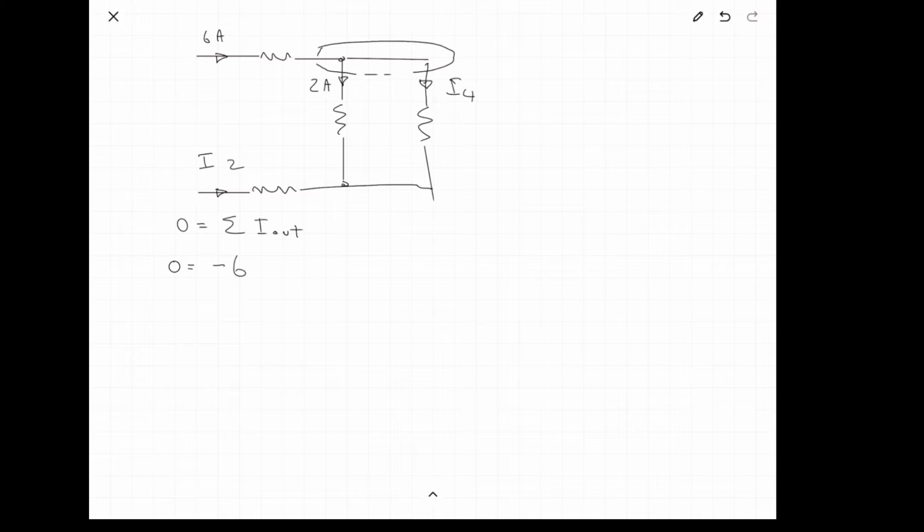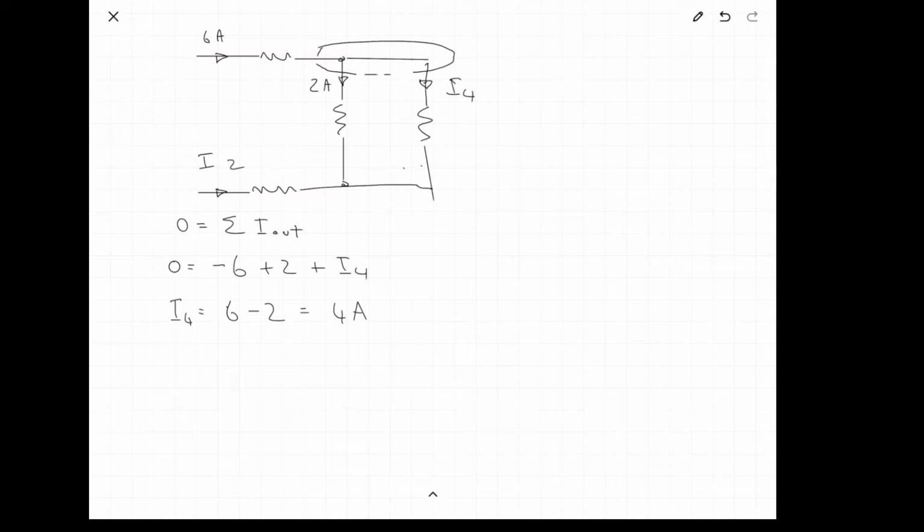So we have -6 plus 2 plus I4. So we'll do a bit of algebra, and I4 equals 6 minus 2, which equals +4 amps.